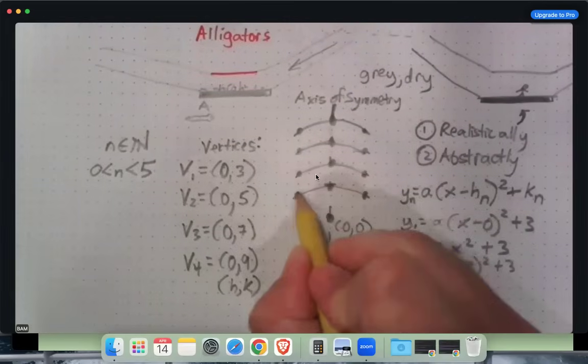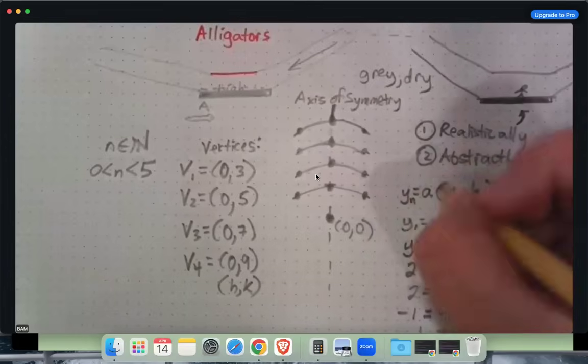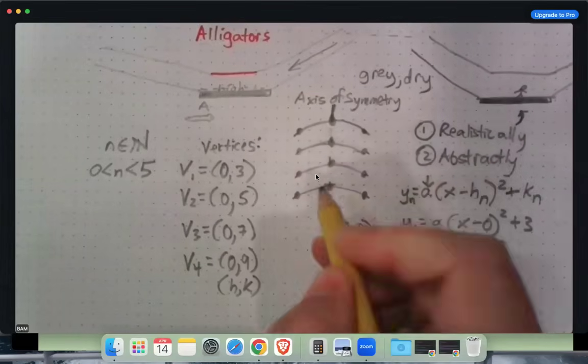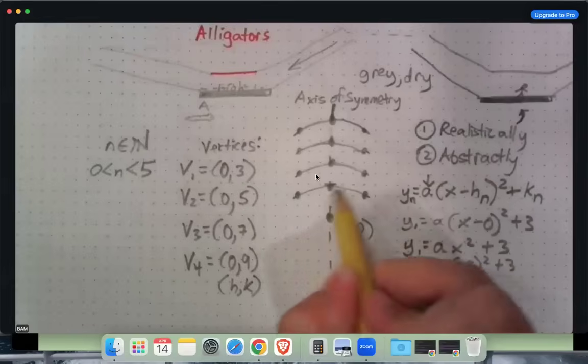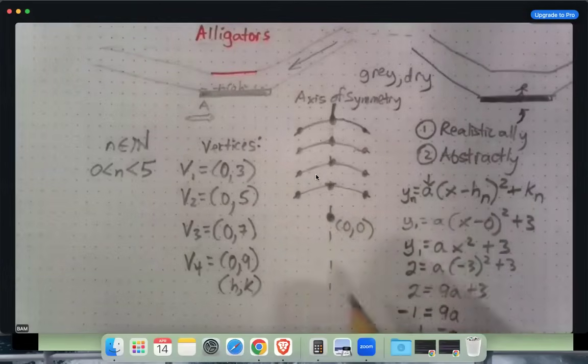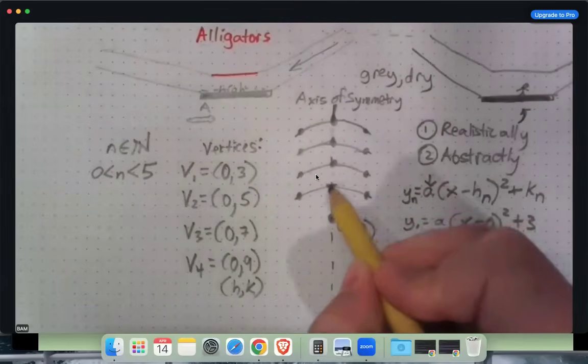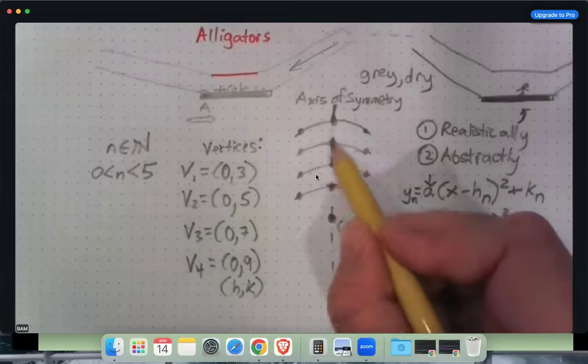And these are sad parabolas, even though they keep going forever. So this number should be negative because of the sad look to them. So all the a's are going to be negative 1/9, because they all have the same shape, and each curve is just translated up or down.